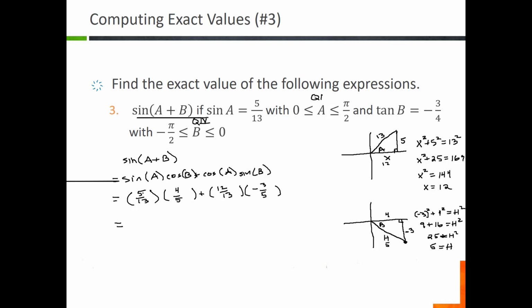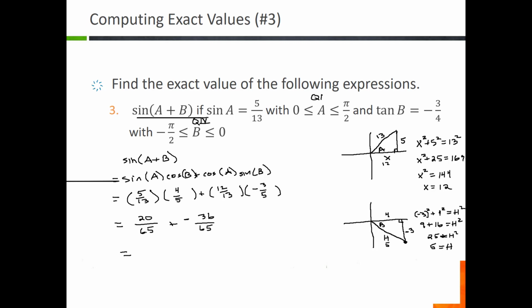So multiply fractions. 5 times 4 is 20. 13 times 5 is 65. Plus, we're going to have one negative, so it's going to be plus a negative, or you could say that's a minus. 12 times 3 is 36. 13 times 5 is 65 again.